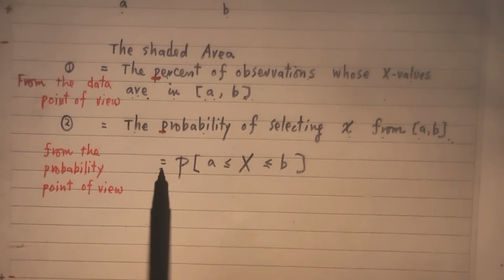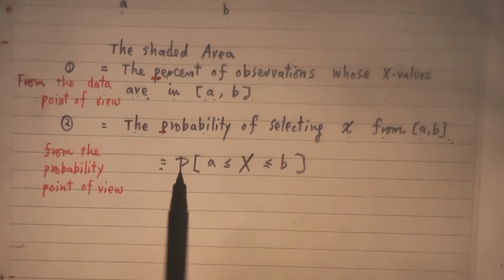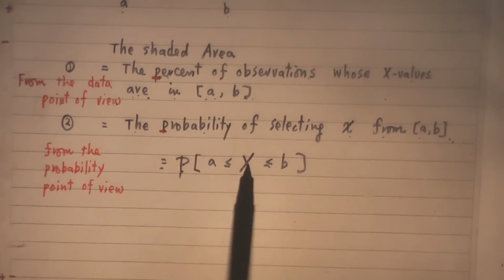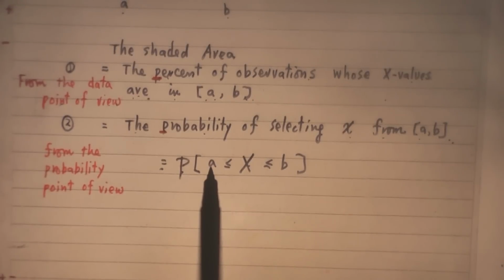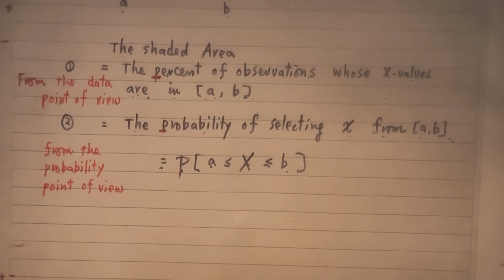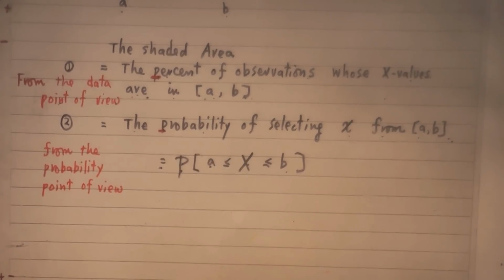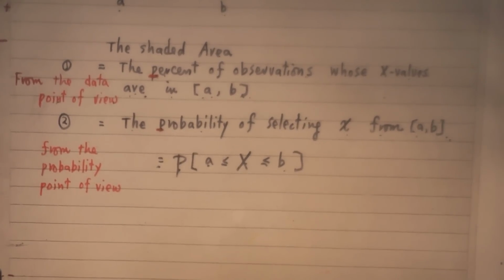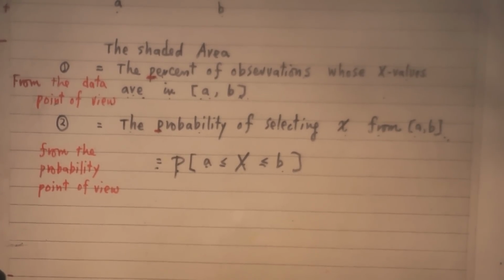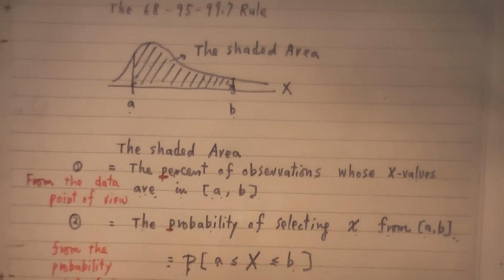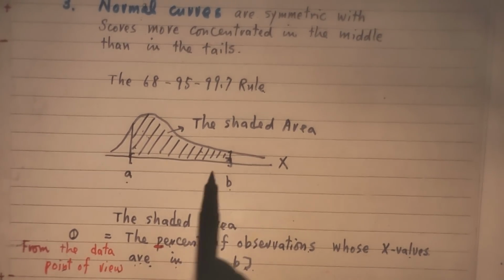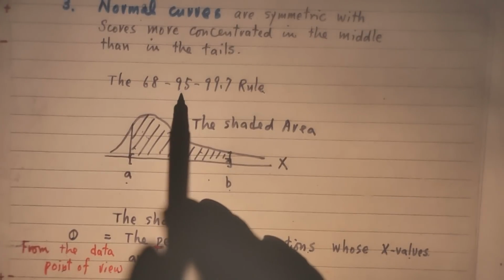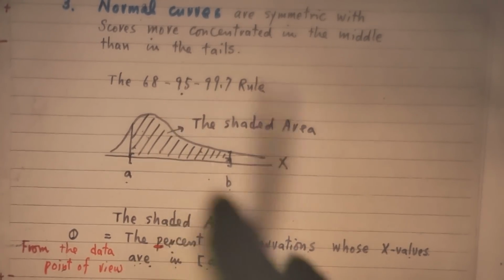So the notation we use says this is the probability or percent that X values are between A and B. Okay? Next one, property 4. No, I have not finished property 3 yet. With this notation, we can talk about the 68, 95, 99.7 rule.